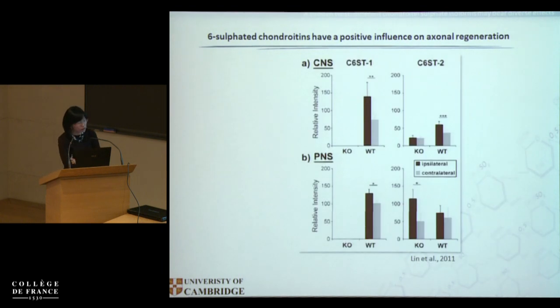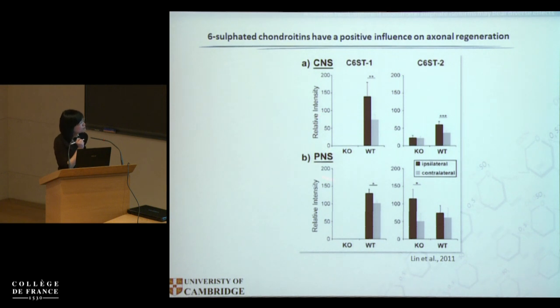Then we went back to look at the enzymes responsible for the 6-sulfation. What you are seeing here is the expression level, using PCR, of C6ST1, which is the dominant enzyme responsible for producing 6-sulfates, and an isoform of this enzyme called C6ST2, which is normally responsible for 5 to 10% of the production of the 6-sulfate.